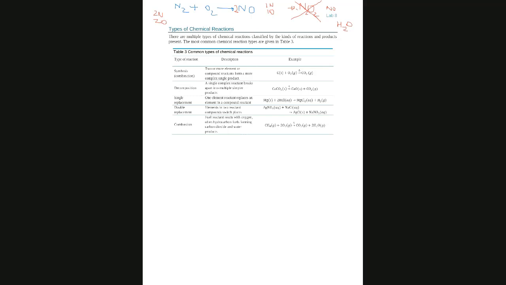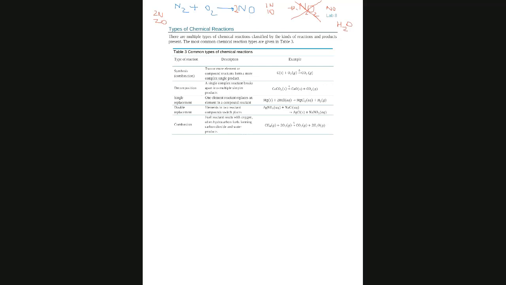We need to recognize there is a classification of chemical reactions, and you are shown here some. They're very easy to recognize, but you need to learn how to recognize what type of chemical reaction you are having. So let's look at this.